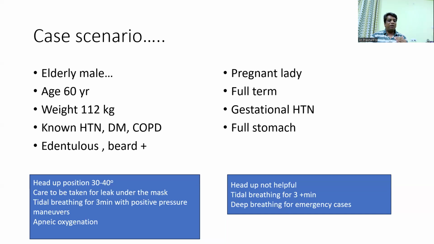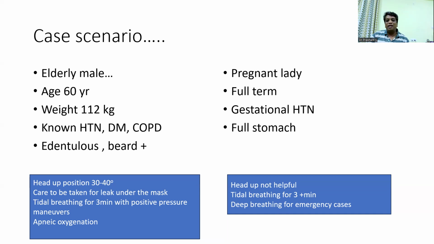Then tidal breathing for 3 minutes with positive pressure manually, again with the atelectasis, they are going to benefit. In an obese, aged patient, difficult intubation and difficult ventilation situations can arise. So apneic oxygenation has to be followed.